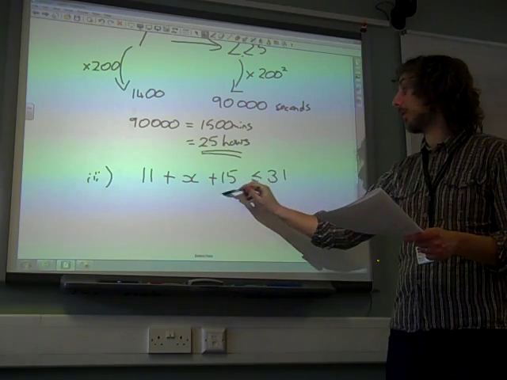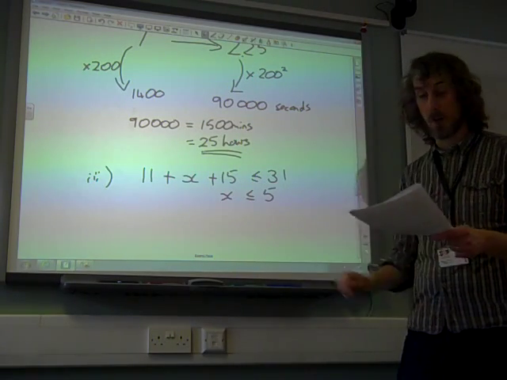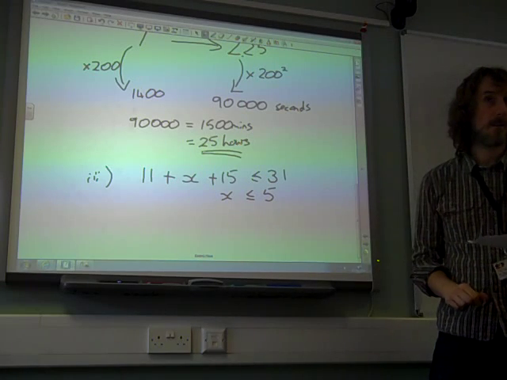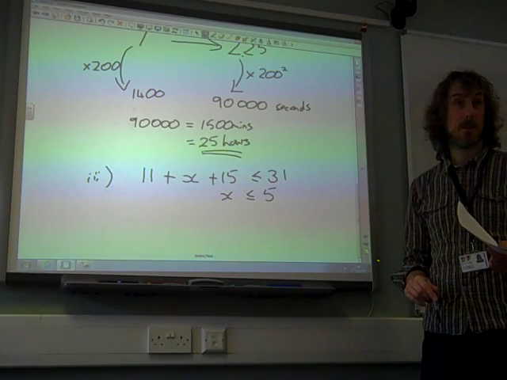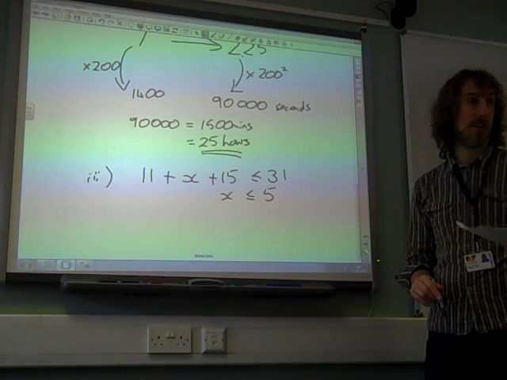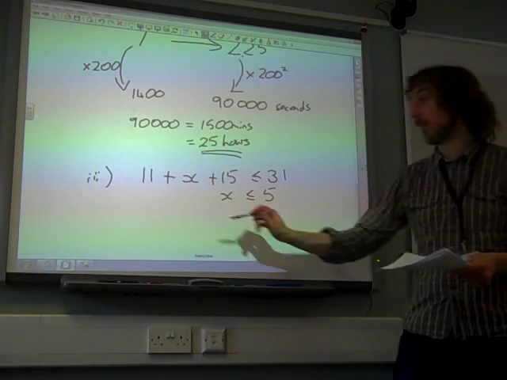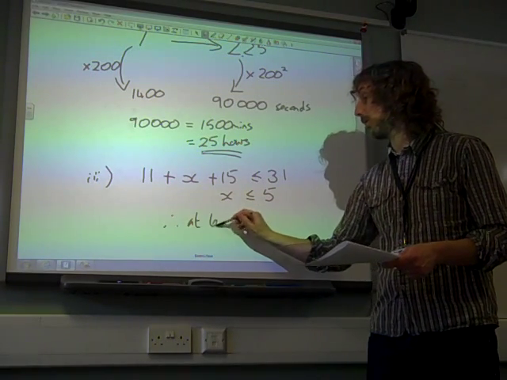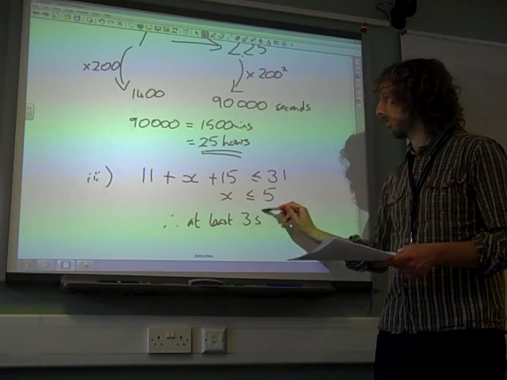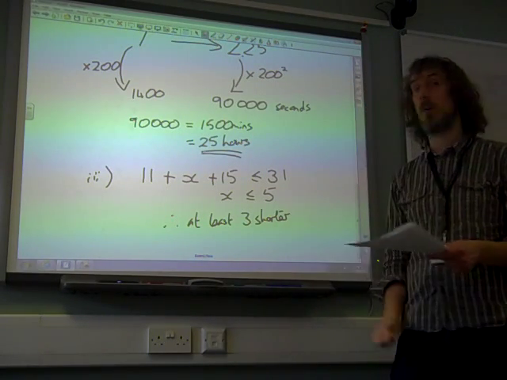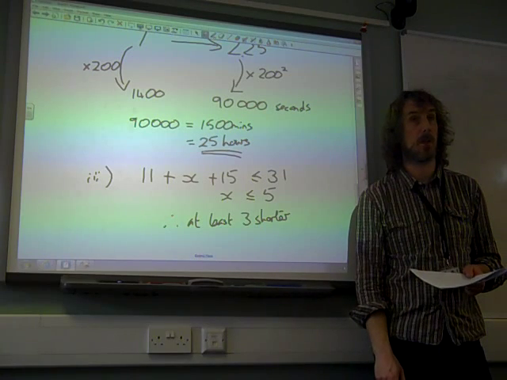In other words, x is less than or equal to 5. It's currently 8, so it needs to be at least 3 shorter in order to be on the shortest path.